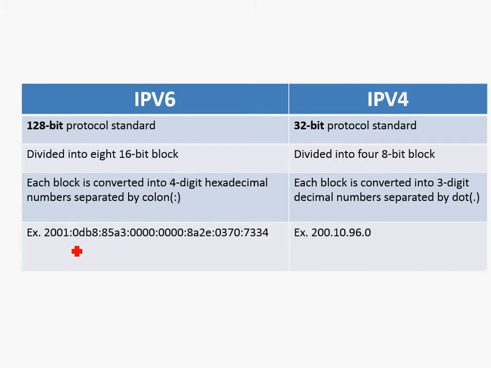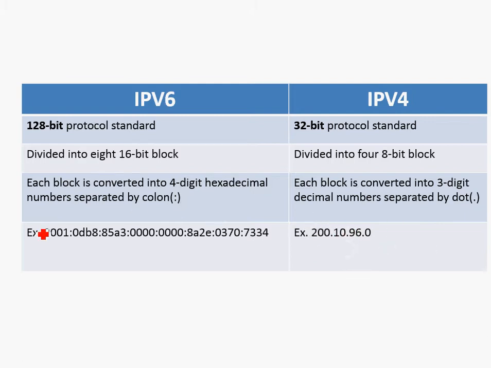And it is in hexadecimal format, like this one, 85A3. A is in hexadecimal format. IPv4 is represented by 4 blocks of 8 bits. You see 4, and 200 is in decimal format. So it is actually in bit format, it will contain 8 bits. 200 contains 8 bits, 10 contains 8 bits, like this.